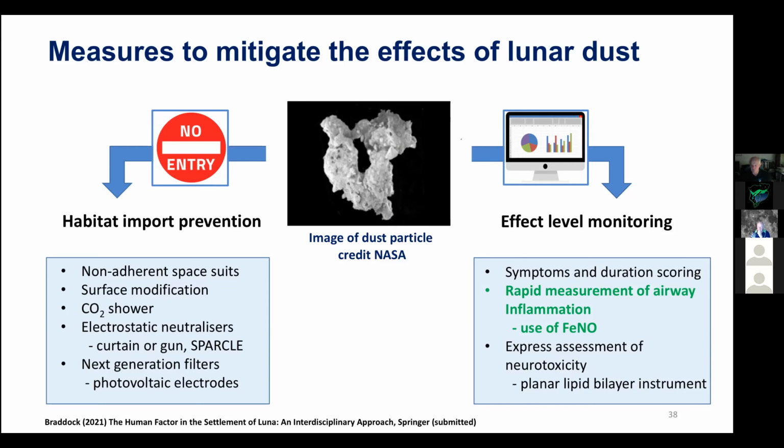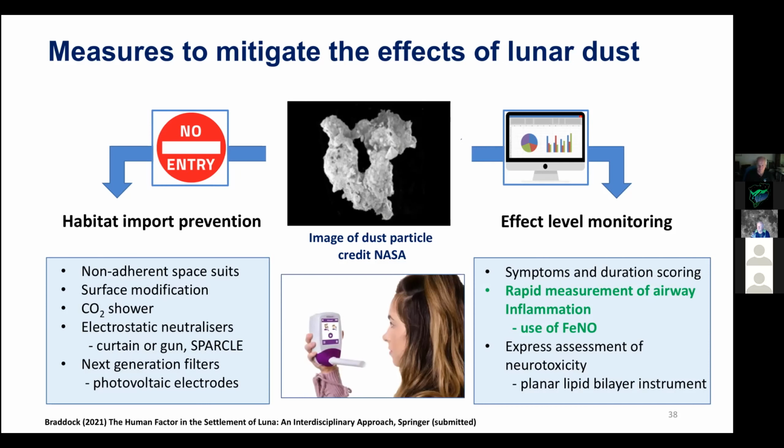And there are some more futuristic ways of looking at the possibility of assessments of neurotoxicity by monitoring how the lipid bilayer changes with a planar instrumentation monitor. So this is a standard system that's used now for many patients who have asthma, either in clinical trials or even at home.